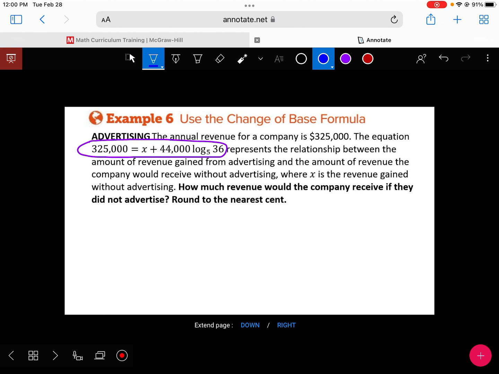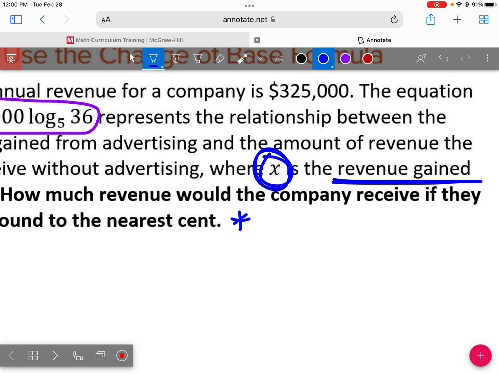Which part of this shows us how much money they'd make even if they didn't do any advertising at all? That variable X is the revenue that they would get without advertising. We need to find X.